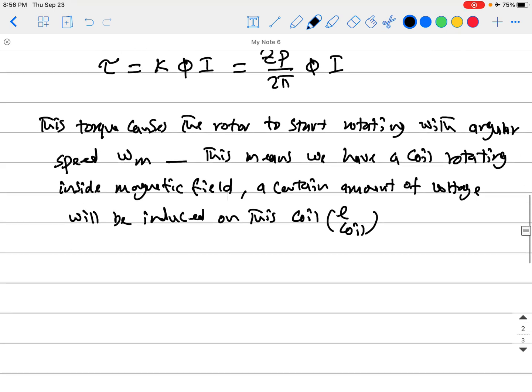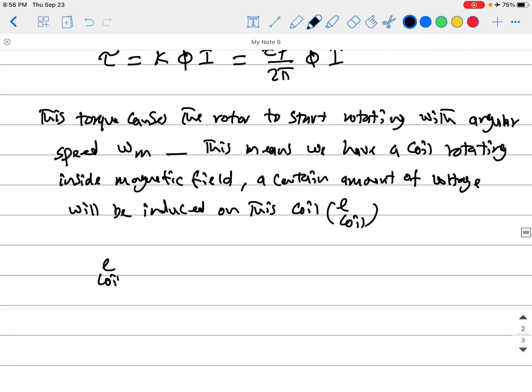Okay, and you can calculate this to equal, like the torque, the constant K phi times omega m. Now it's generation. So this equals ZP over 2 pi times phi times omega m.